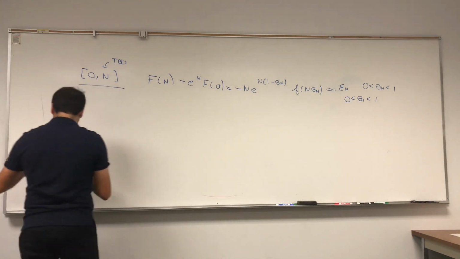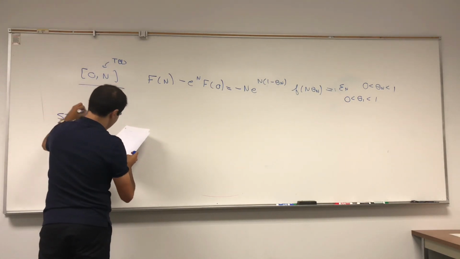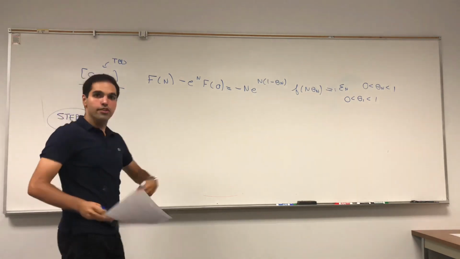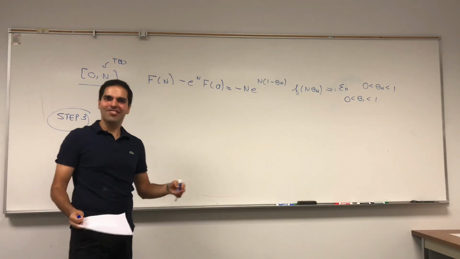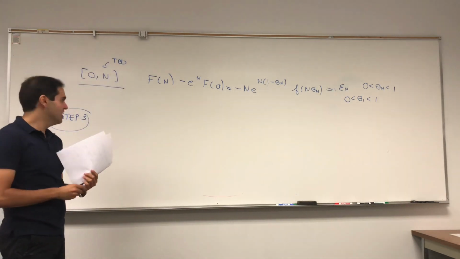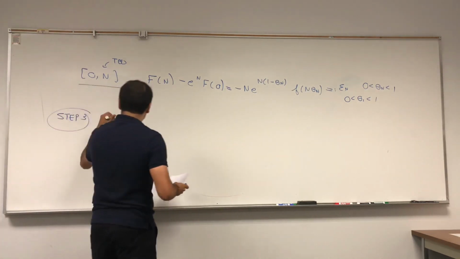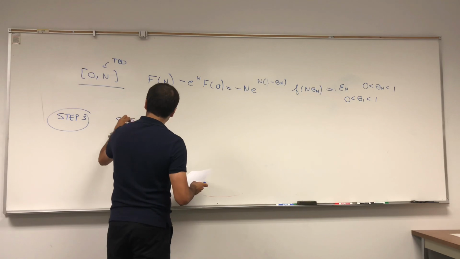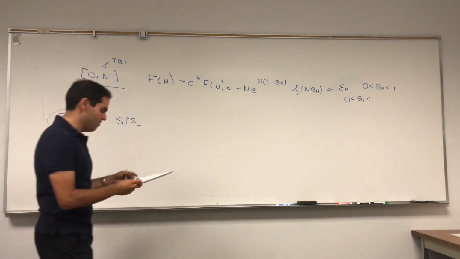Okay, so step 3. Here starts the proof where e is transcendental, and it's almost always done by contradiction. So let's suppose e is algebraic. In other words, suppose that e is a root of a polynomial with integer coefficients.